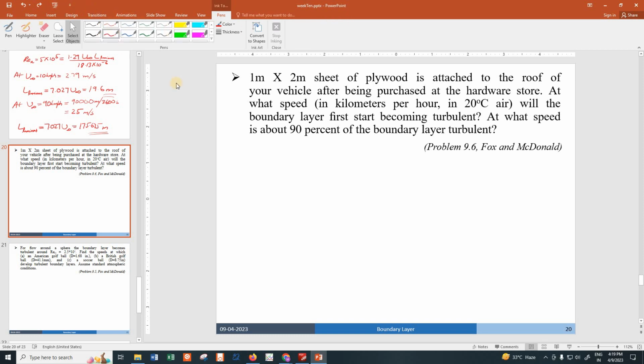Okay. So here also we will use the same Reynolds number, and using it we will get the velocity.